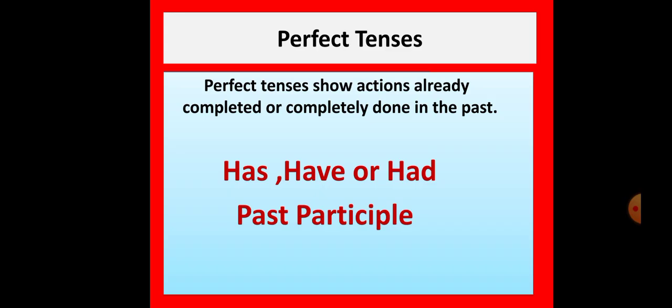Subject plus has or have plus past participle. Can you say the example? Good. So, she has arrived. He has arrived. Good. Let us see the past perfect tense in this class.